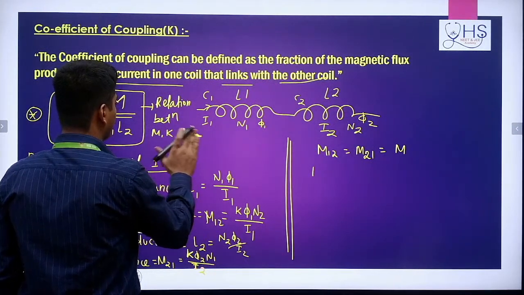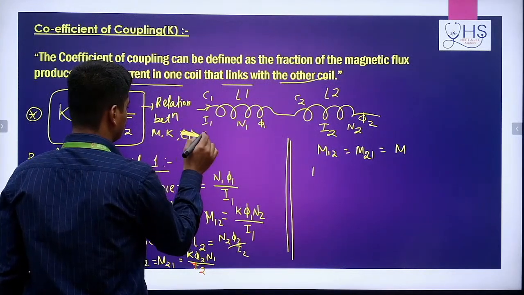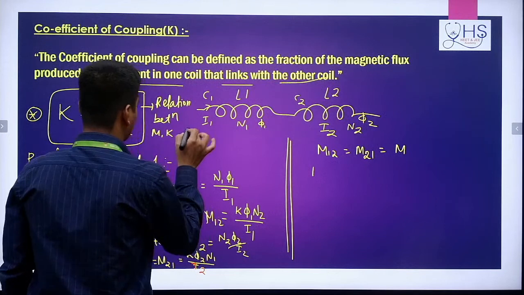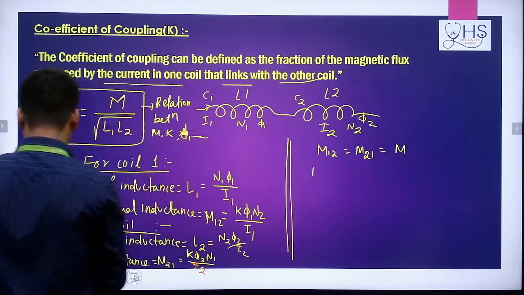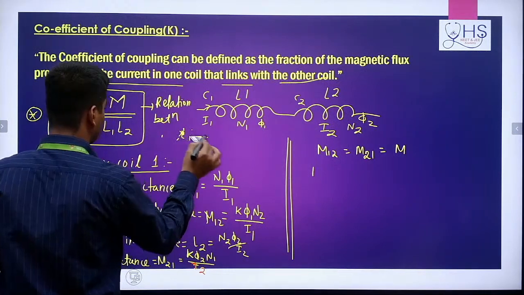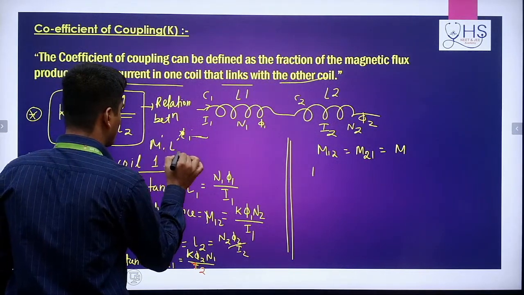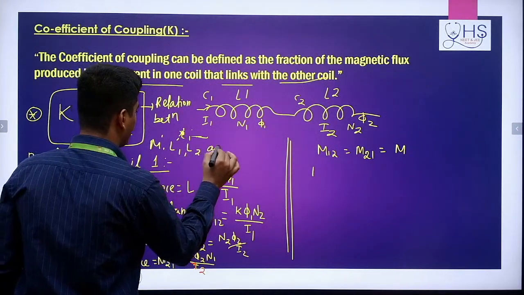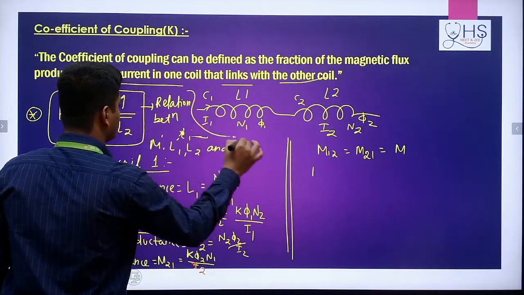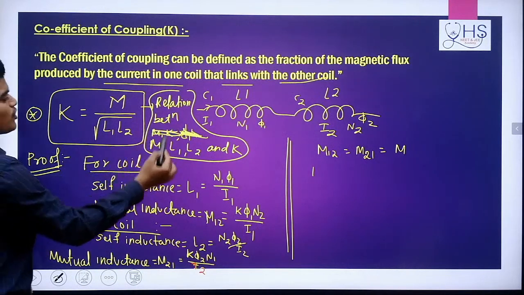So M, L1, L2 and K, this is the relation you are finding.